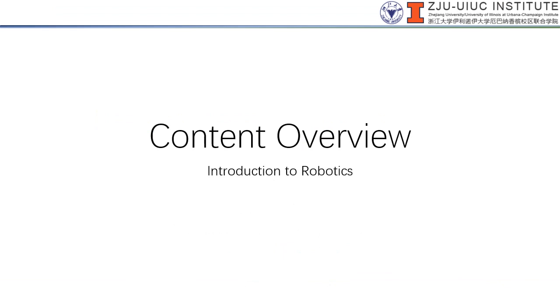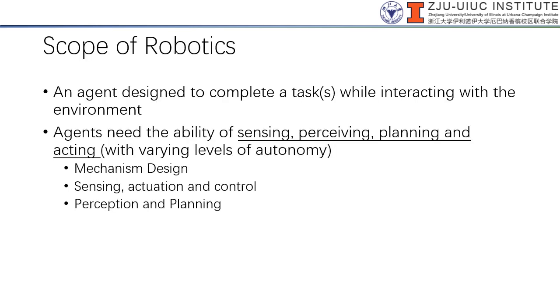In our last video segment, we talked about what a robot is, and we came up with a relevant definition for this course, EC470. If you recall, a robot is an agent or a machine that is designed to complete a task while interacting with the environment.